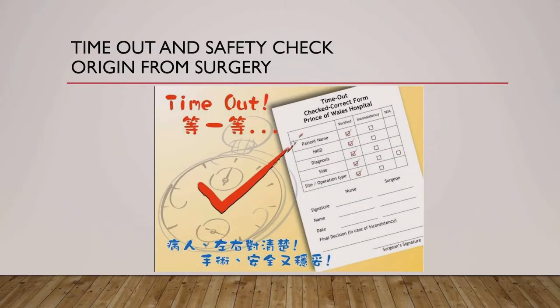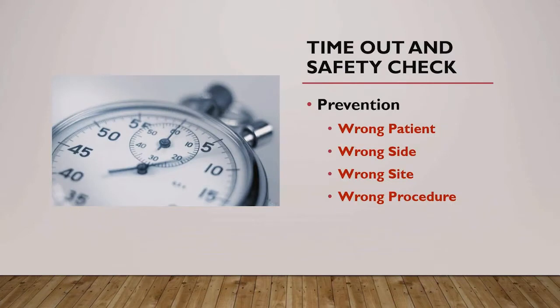So this timeout and safety check practice has been used since the 90s, started in Prince of Wales Hospital. This practice originates from surgery. The main aim of this practice is to prevent wrong patient, wrong site, and wrong procedure.